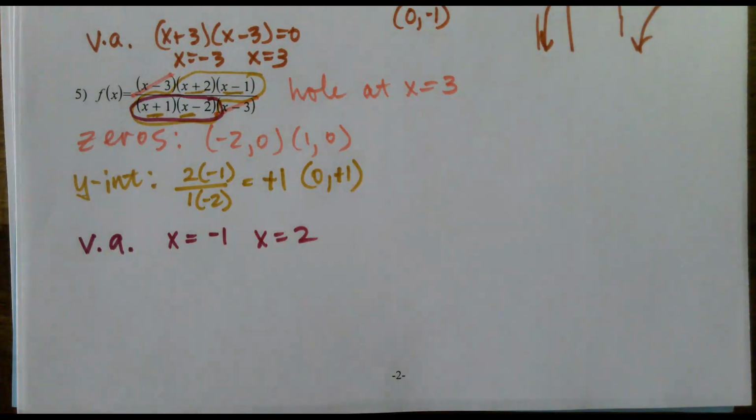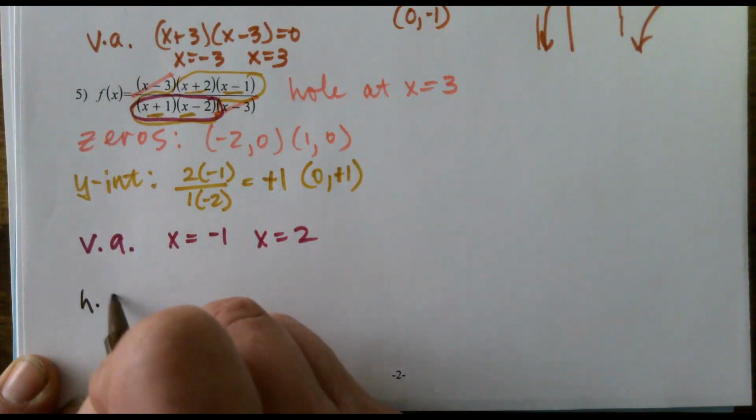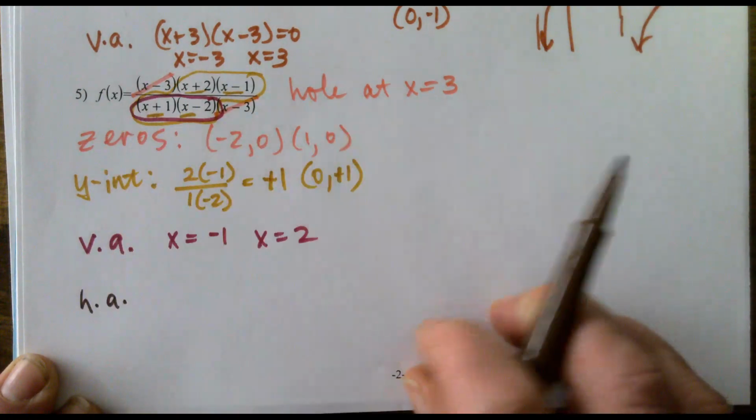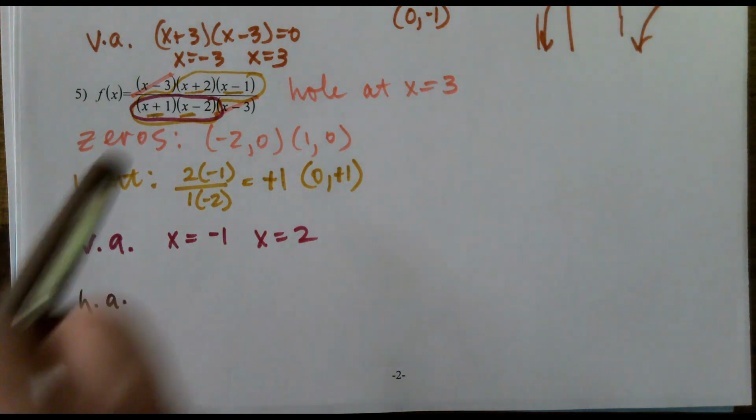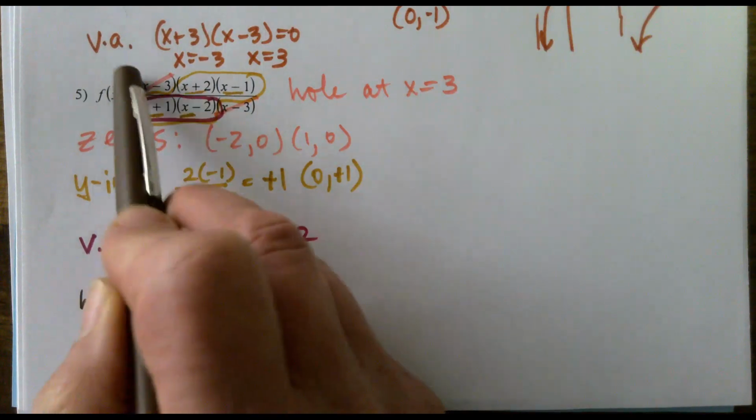This is going to be the hardest one, my horizontal asymptote, and that is because this is all factored. So, if I were to multiply the numerator together, what would be the highest power? How many x's do I have? I have 2 of them, because I took out that 1.